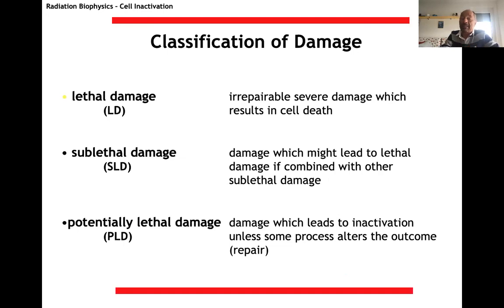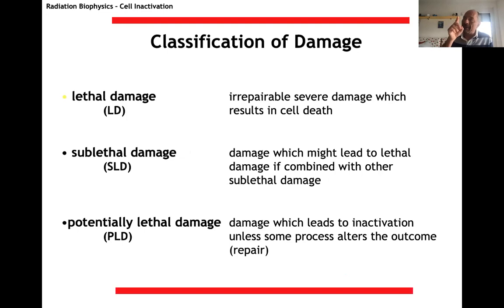This can be a severe, complex clustered lesion that cannot be repaired and brings the cells into apoptosis, but can also be a misrepair event, like a dicentric. However, the misrepair event comes from sublethal damage. One single double-stranded break is still sublethal, but if it interacts with another sublethal double-stranded break, then you will finally have a lethal event.